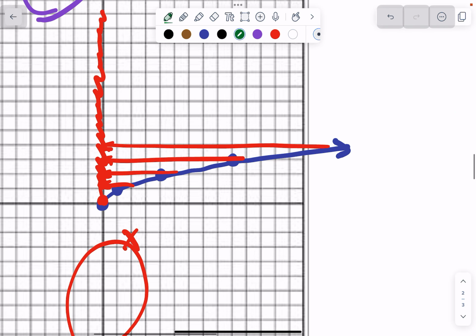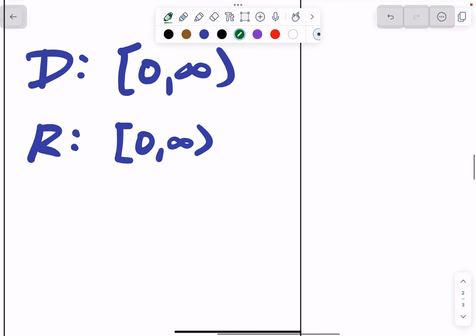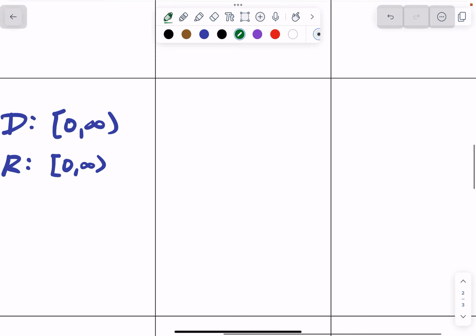Imagine your little hiker dude. At different points on this function, he's going left to right, and no matter where you put him, he's always going uphill. So we would say increasing, but again, only on your domain.